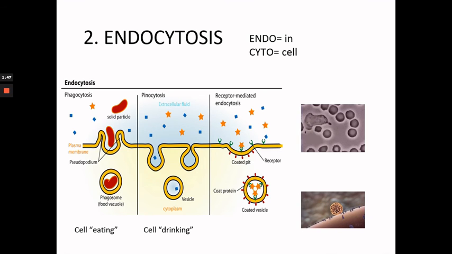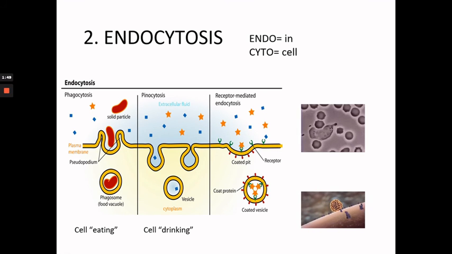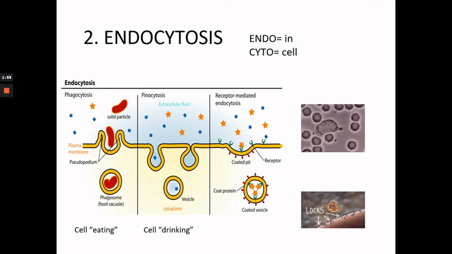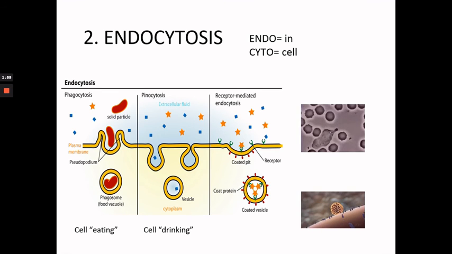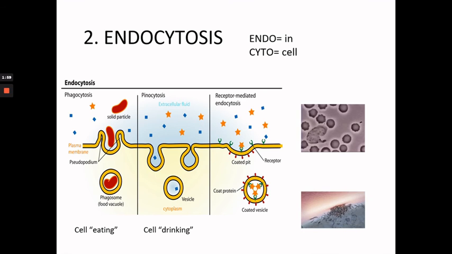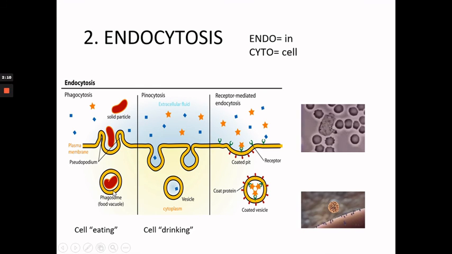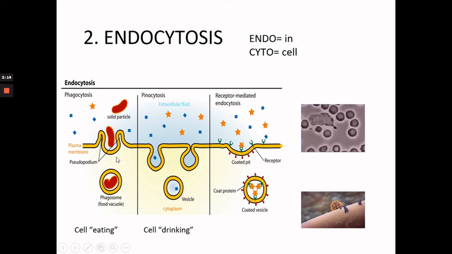The second type of active transport is called endocytosis, and endo means in, cyto means cell. So endocytosis is when we move large particles inside the cell. An example is when you try to transport a solid material into the cell, which we term cell eating or phagocytosis.